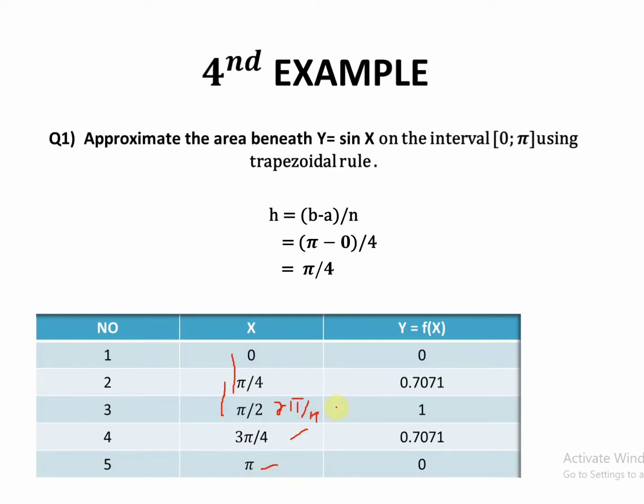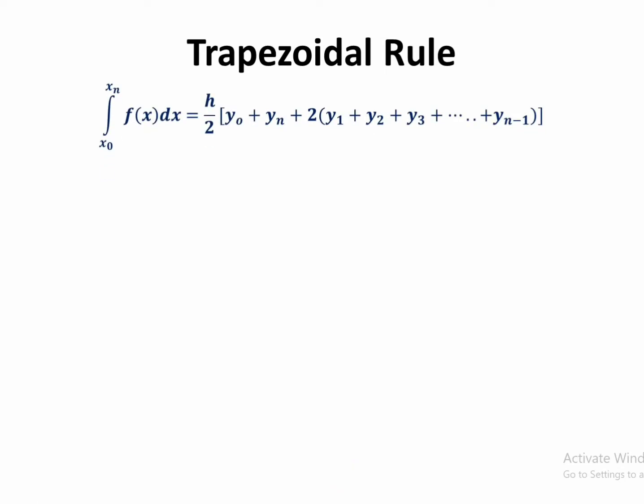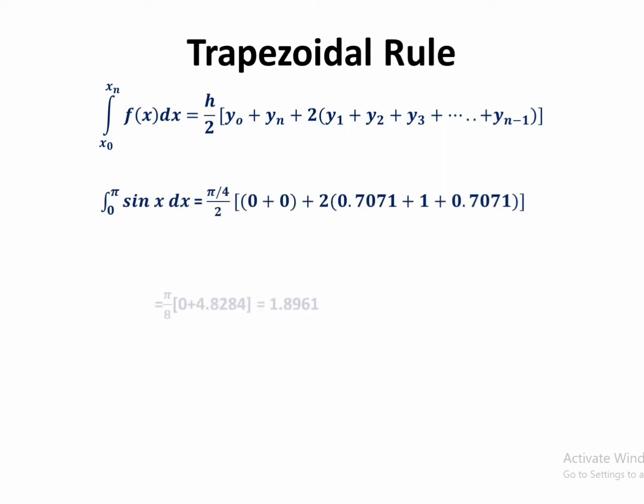Now putting these values in the function, our function is sin x. Putting the values of x in sin x, you will find these values. By putting these y values in the formula of the trapezoidal rule, you will find the answer 1.8961.